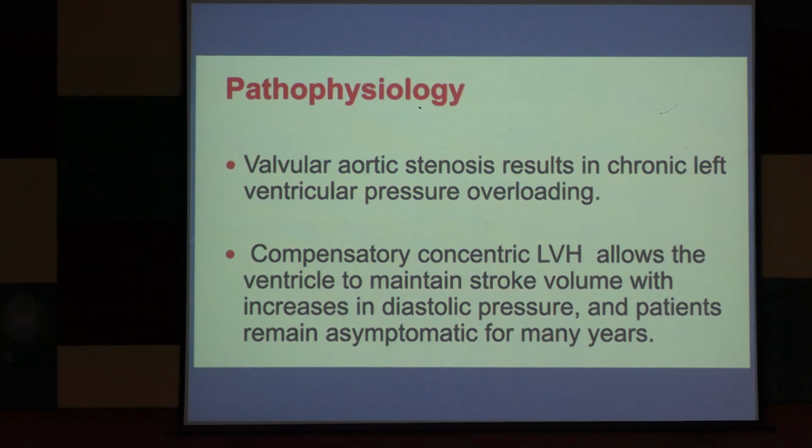Aortic stenosis, pressure overload, increase in systolic wall stress, induction of the mechanical transducers, then induction or amplification of the extracellular and intracellular signals, then ventricular remodeling, parallel sarcomeres, concentric hypertrophy, and the series sarcomeres, that is the eccentric hypertrophy.